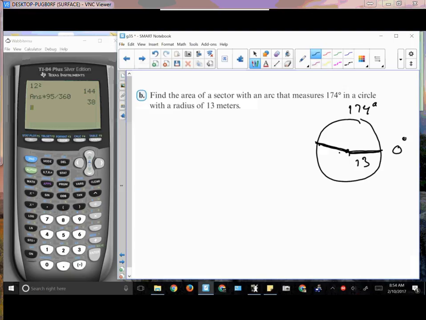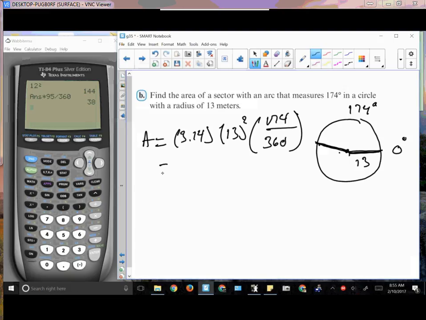So, here we go. Area is equal to pi. Does it tell us to keep it in terms of pi? No. So I am going to take 3.14, multiply it by the radius. Radius is 13, so that'll be 13 squared, times 174 over 360.